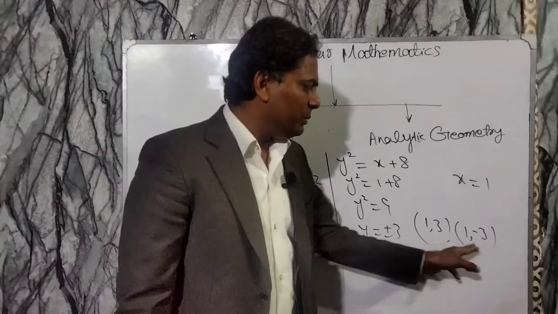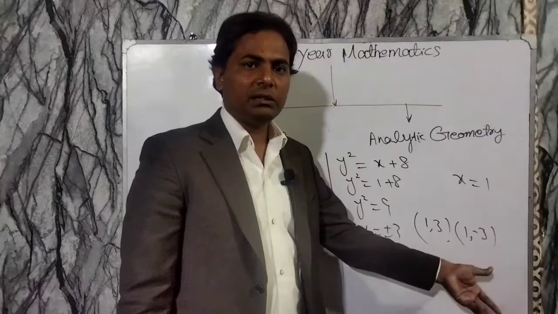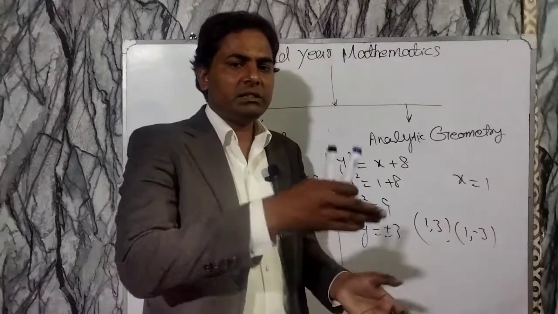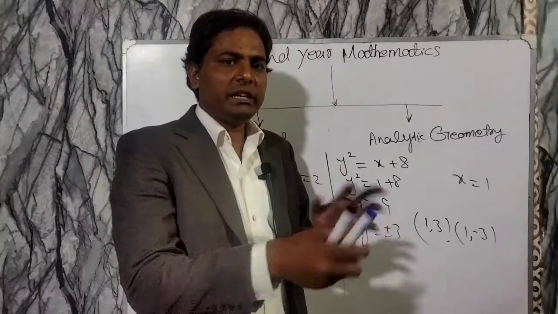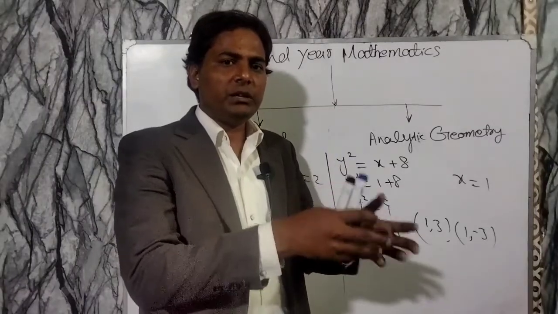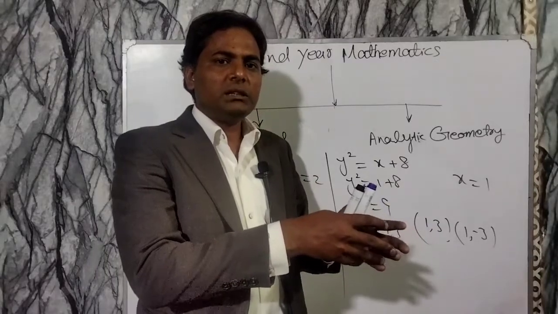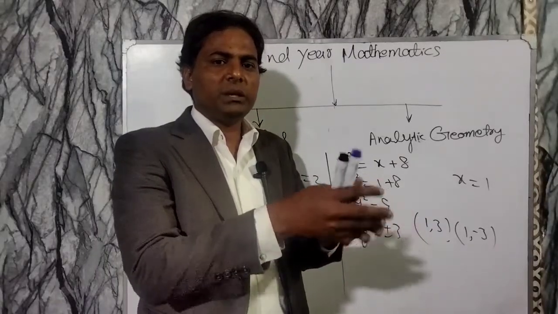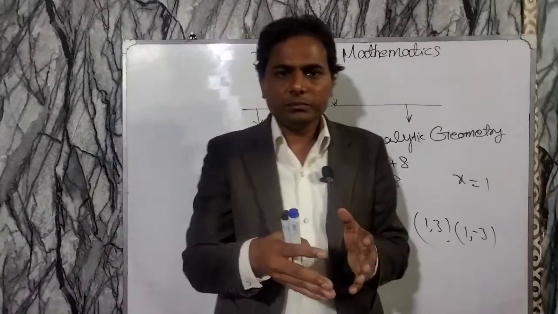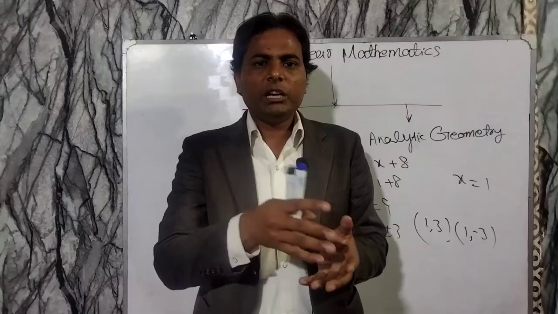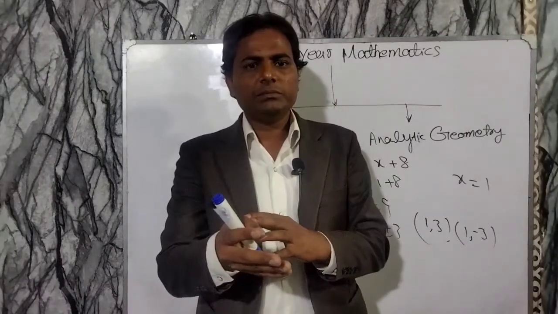In this relation, the domain is repeating: (1, 3), (1, -3). It doesn't matter whether the range is repeating or not. You just have to consider the domain of the relation. If the domain is repeating, then you will say this is not a function. This is simply a relation. So we can conclude that every relation cannot be a function, but every function is a relation.